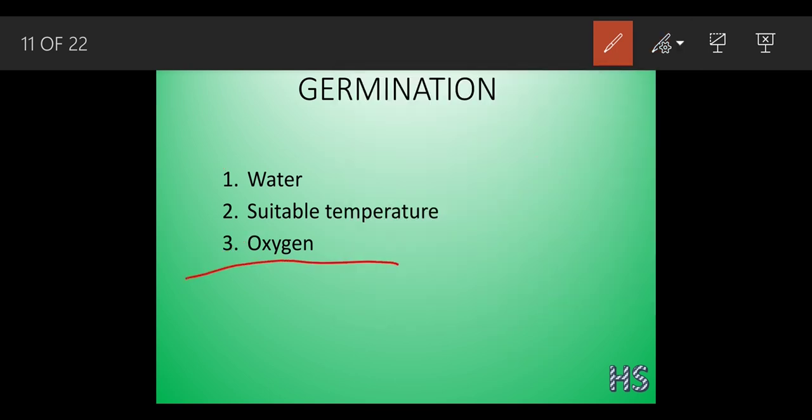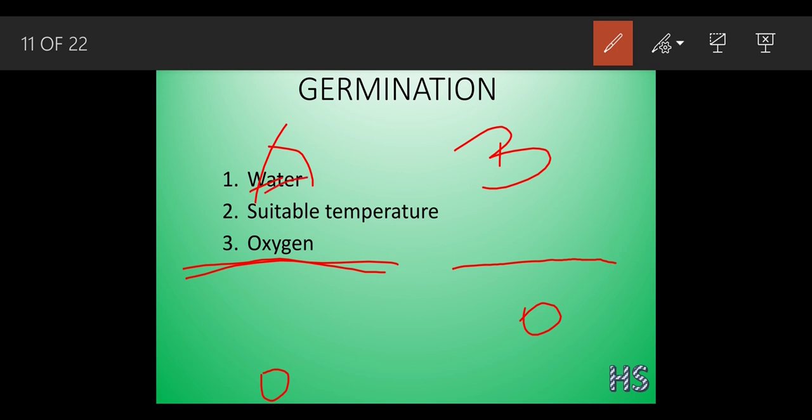Suppose this is the soil surface and this is the seed. I am going to create two situations, condition A and B. In which condition will the seed germinate fast?